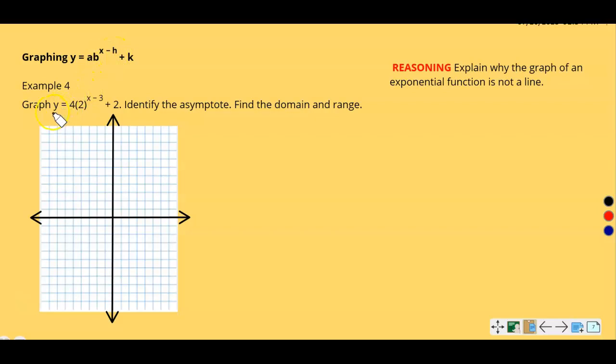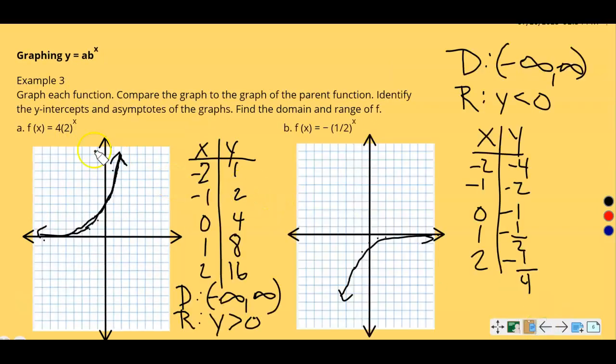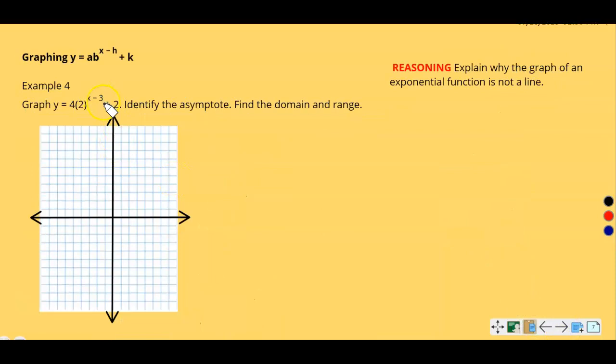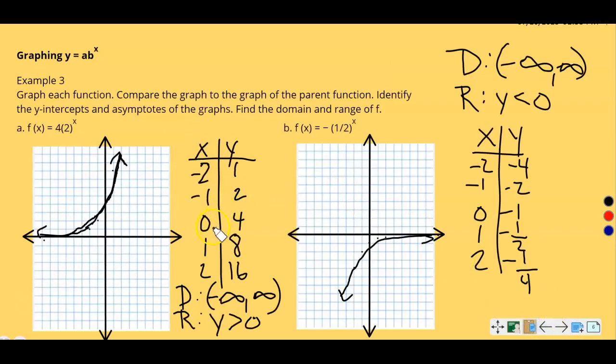All right, if you look at this graph, you'll see y equals 4, 2 to the x power. So if you remember, example 3, that's what we just did, 4 times 2 to the x power. So this is just a transformation of that same function. So if we go back here and we say 0, 4, 1, 8, let's take 2 of the points that we found.